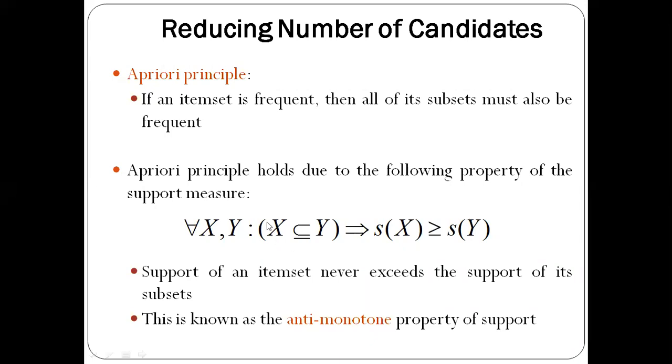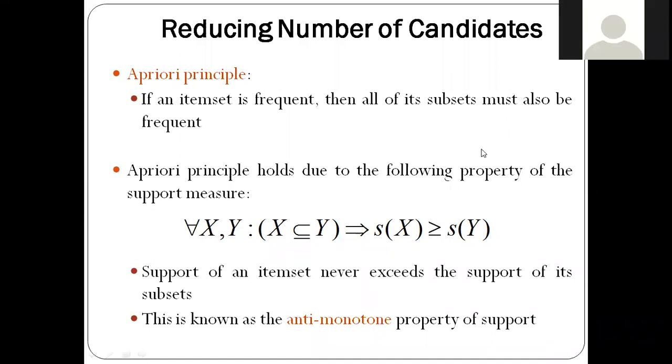Since X is a subset of Y, the support count of the subset will be higher than the support count of the superset. That is the anti-monotone property. This principle is based on this property.